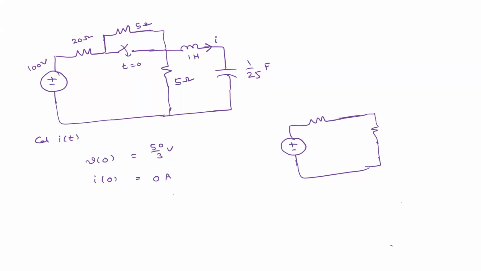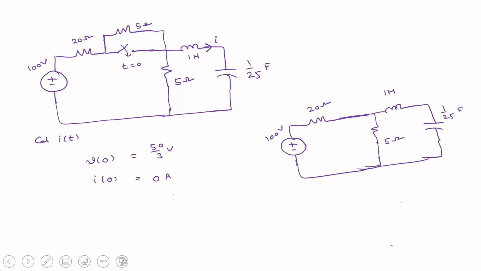This will not be there. This is the circuit, agree? 20 ohm, and this is 100 volts, and this is 5 ohm, and this is 1 Henry, and this is 1 by 25 farad. If this switch is closed, the current through this 5 ohm resistor is 0. So that's why we remove that portion.